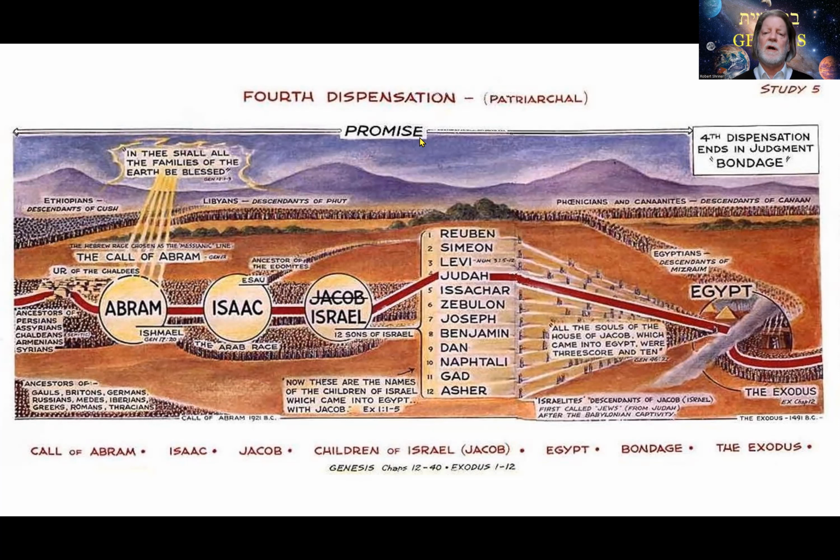This particular chart is of the dispensation of promise, or the historical era, where the promises of God were kind of the primary focus of this dispensation. And I always feel like I have to explain that God has been making promises in the Bible ever since the Garden of Eden.